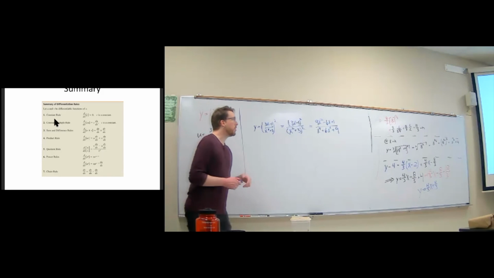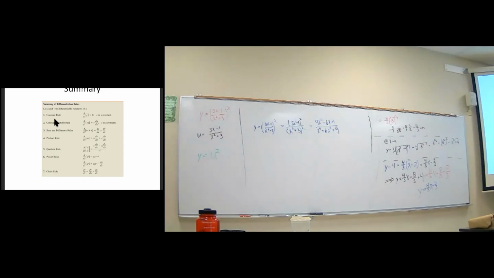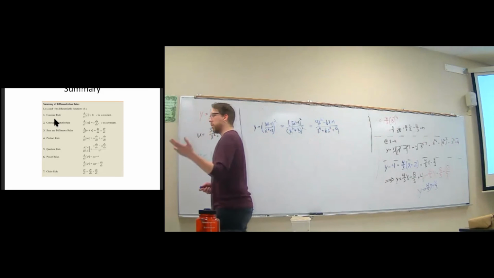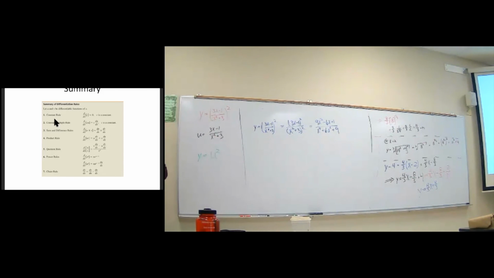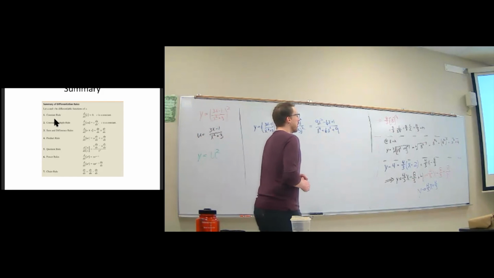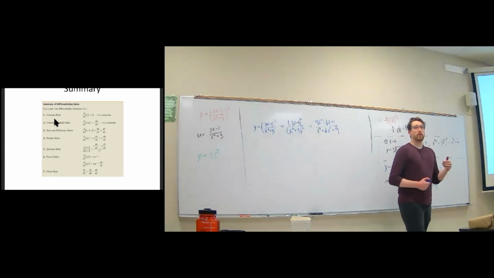The product rule says the derivative of function f and function g, in this case u and v, multiplied together is equal to u times the derivative of v plus v times the derivative of u. The quotient rule, low d high, high d low, divided by the square of what's below.